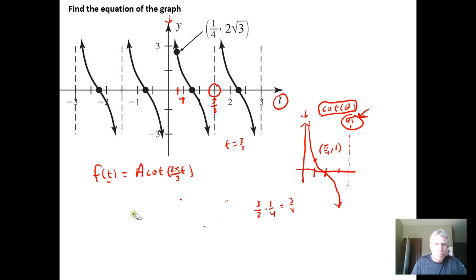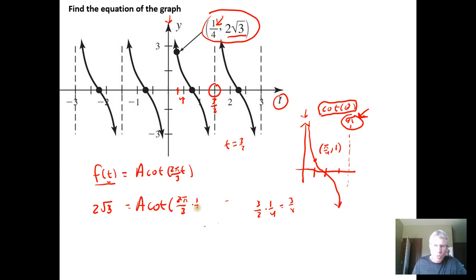We'll need to plug this point into the function. So I'm going to take the known point on the graph. The output f of t is 2 root 3 when t is equal to a quarter.